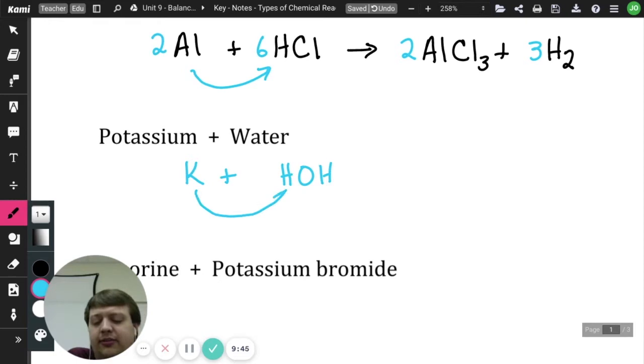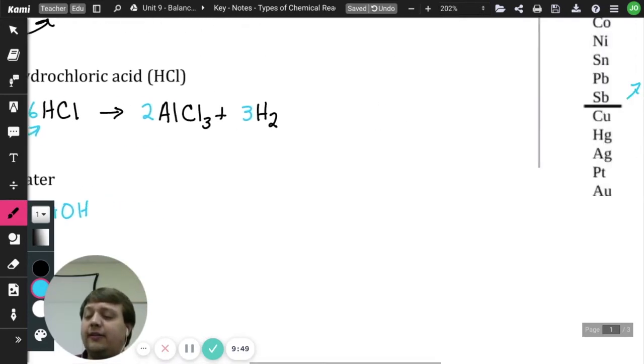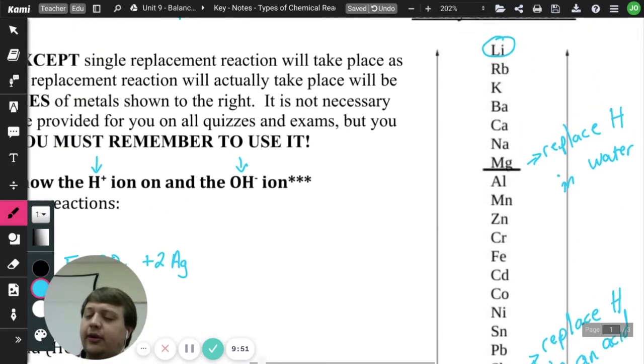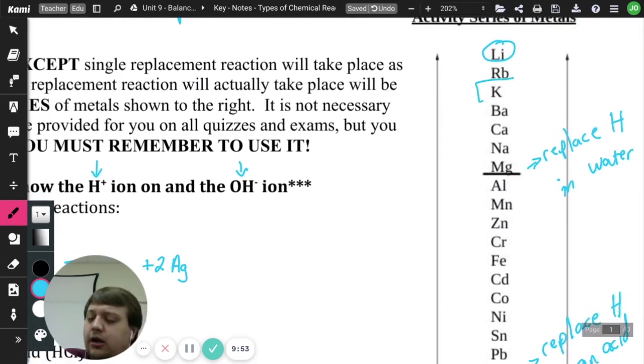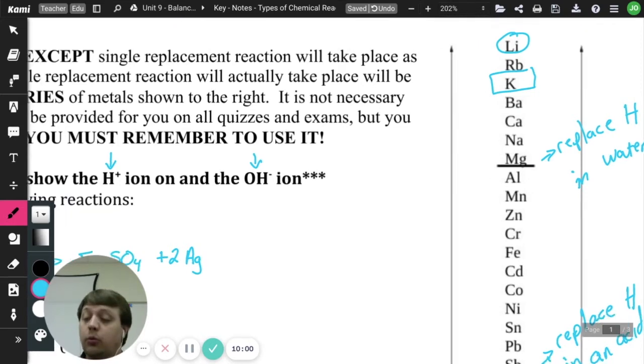We know that this potassium is trying to replace that hydrogen. Okay? Well, now I need to look at my activity series, and I'll see, okay, potassium is right here. So since potassium is there, is it high enough on the activity series to replace hydrogen in water? Well, yes, it is.